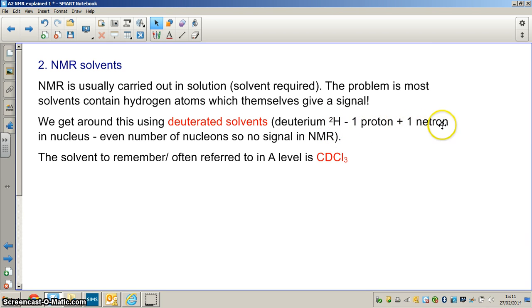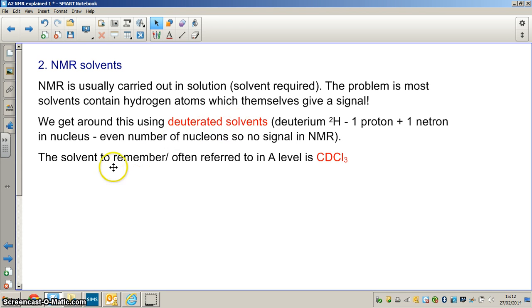And because it has one proton and one neutron, the spin of the proton is counteracted by the spin of the neutron. It's an even number of nucleons, and because the spins are opposite, they counteract one another, so effectively there is no signal produced in the NMR spectrum. So deuterated solvents do not themselves produce signals in any NMR spectra.